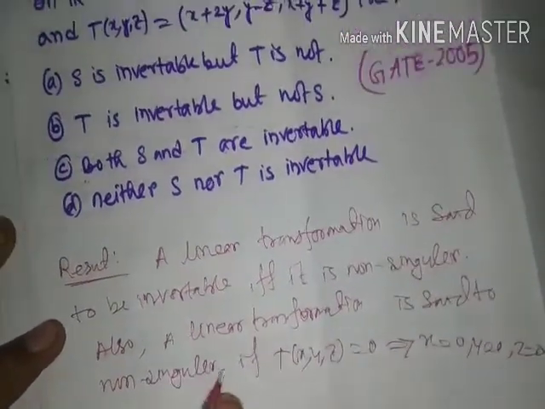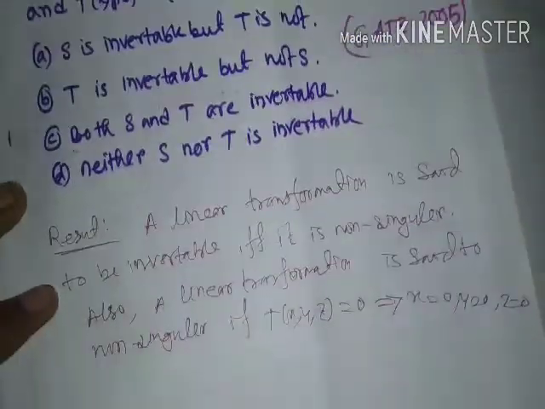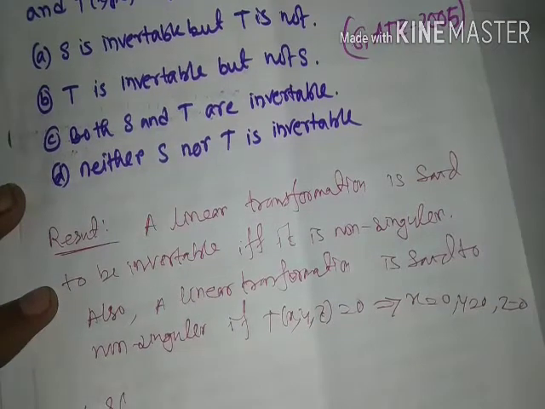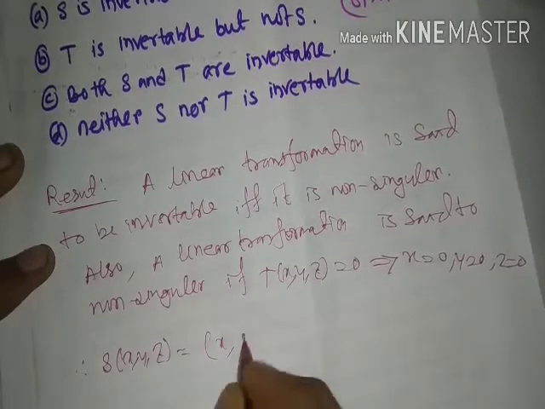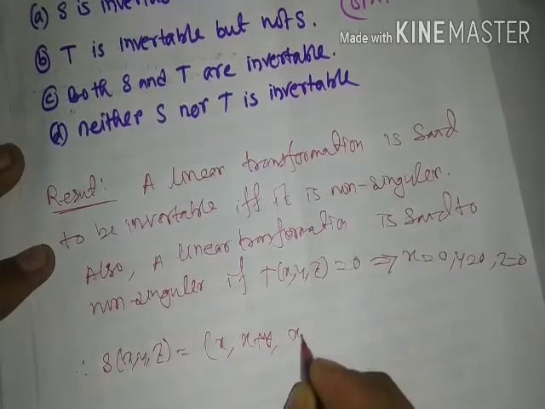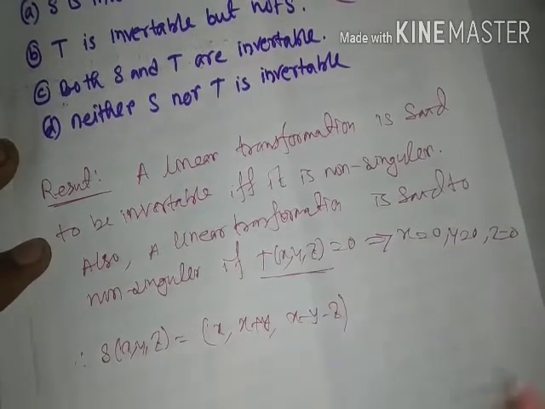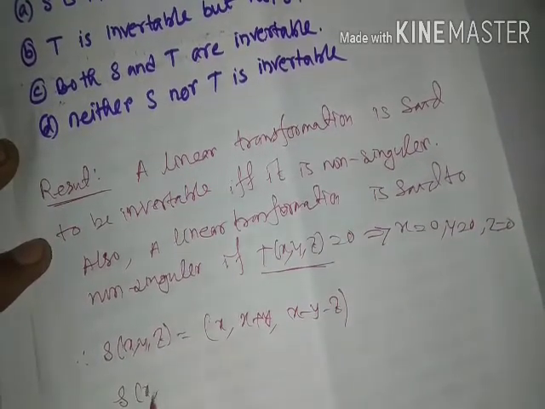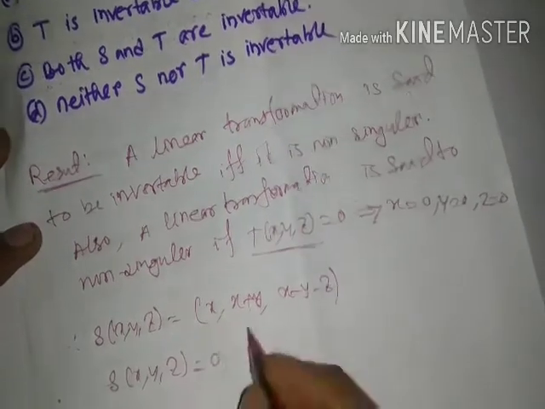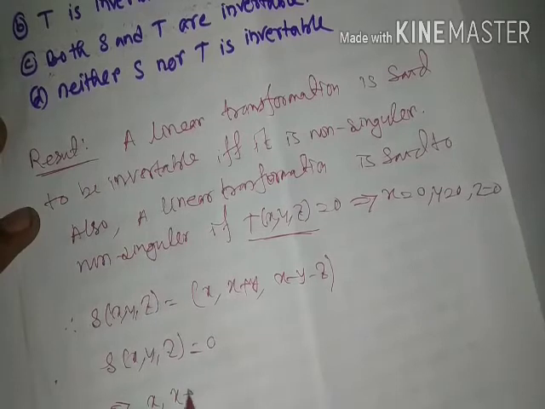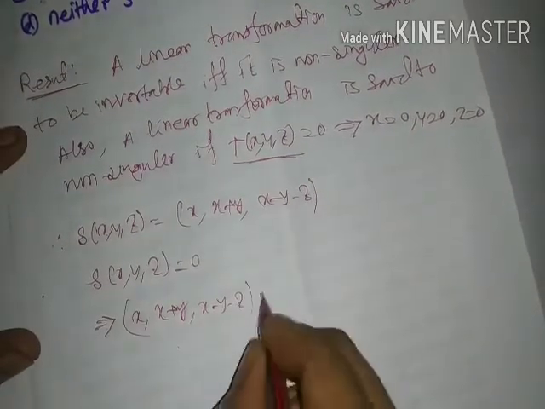So using this result we check these two transformations. Given that S of x, y, z equal to x, x plus y, x minus y minus z. So now we check this. S of x, y, z equal to 0, which gives x, x plus y, x minus y minus z equal to 0.